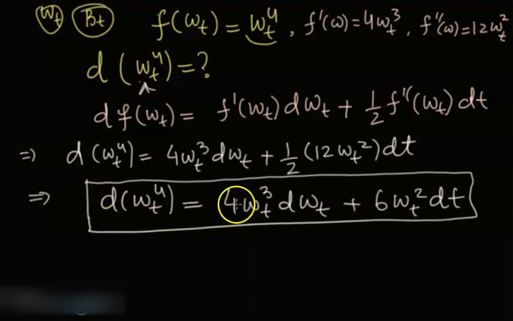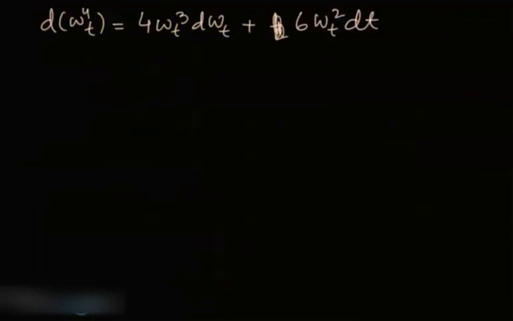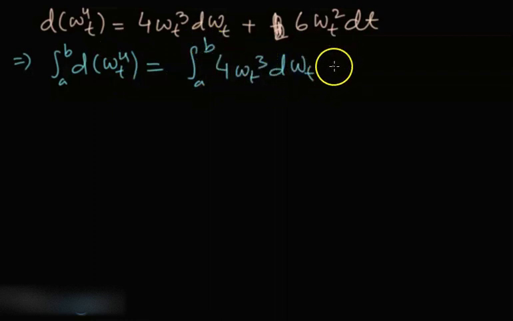But from this differential we can also calculate the integral. If we apply the integral, then we will be able to compute this particular Ito integral as well. So let's integrate this expression from a to b, as we have done in the previous video, which you can visit.